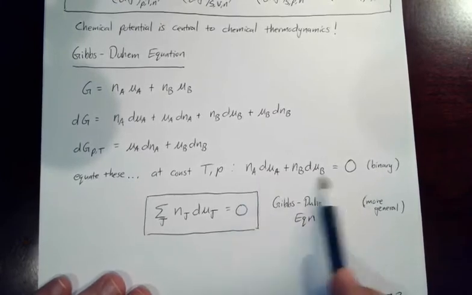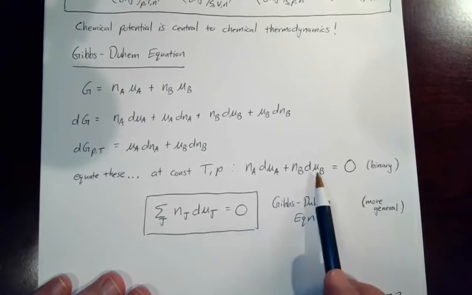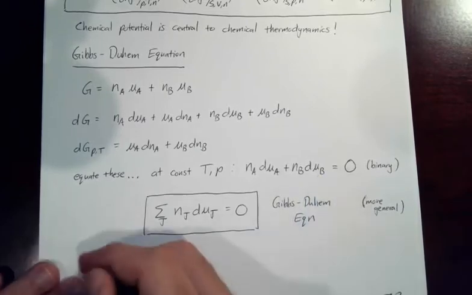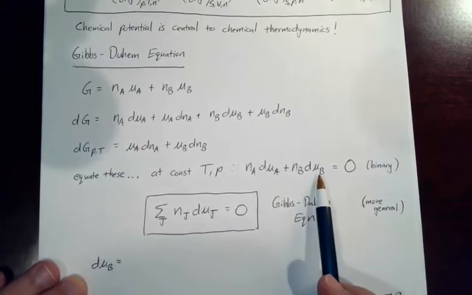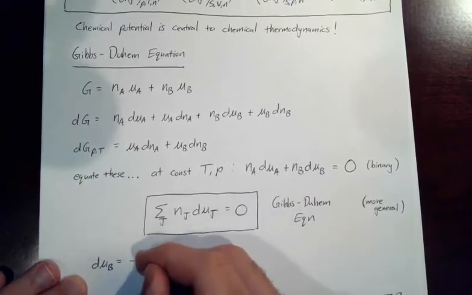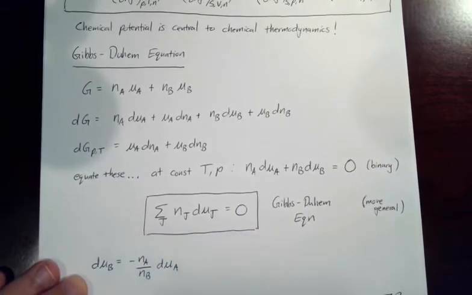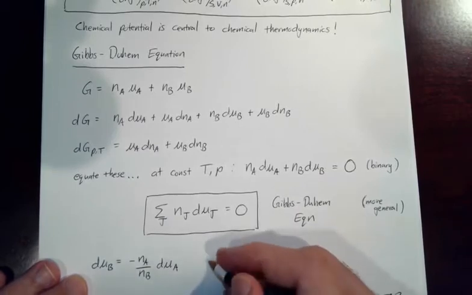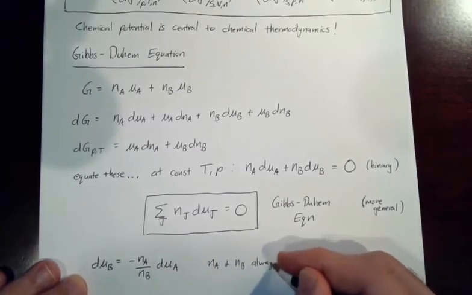So let me take this binary formula and solve it for one of these changes in chemical potential. I'll solve it for d mu B. So d mu B is equal to the negative of NA over NB times d mu A. And since NA and NB are both moles, those numbers are always positive.